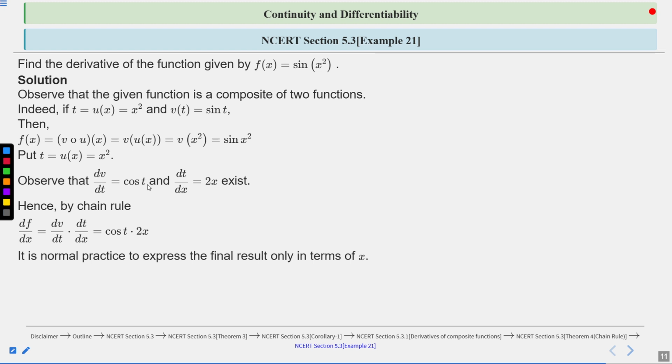We assumed t, but in the question there was no t, so we replace t with x². Thus df/dx will be 2x cos x².